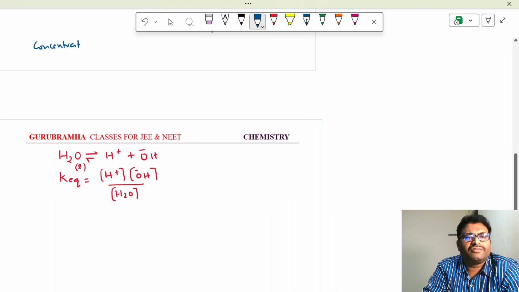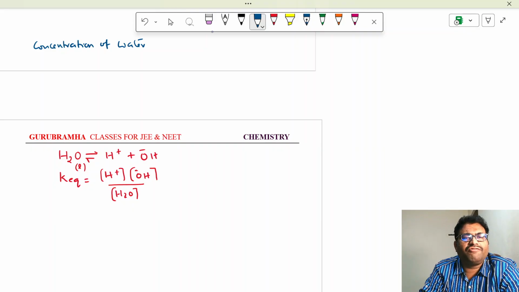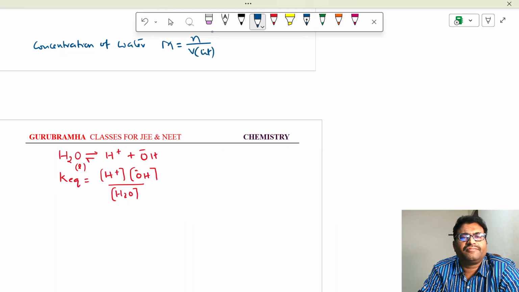Concentration of water is represented in terms of molarity, number of moles by volume expressed in liters. For 1 liter of water, we know the density of water is 1 gram per 1 ml, so 1000 ml will be equal to 1000 grams.